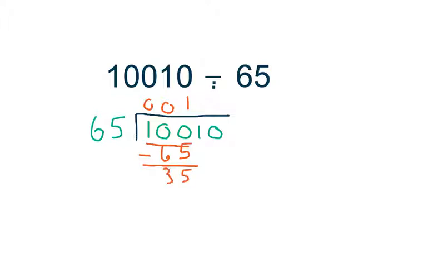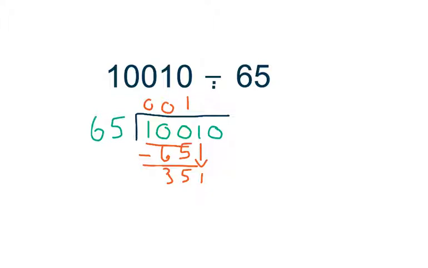The next step is I need to bring down whatever number might be next in my dividend. So now I have 351. I'm going to repeat those steps. Now I need to find out how many times 65 can fit into 351. A couple ways to do this.